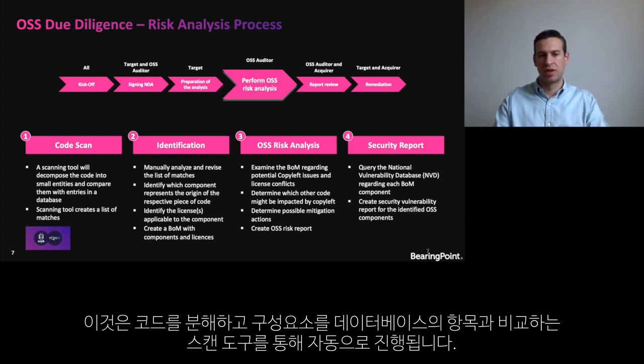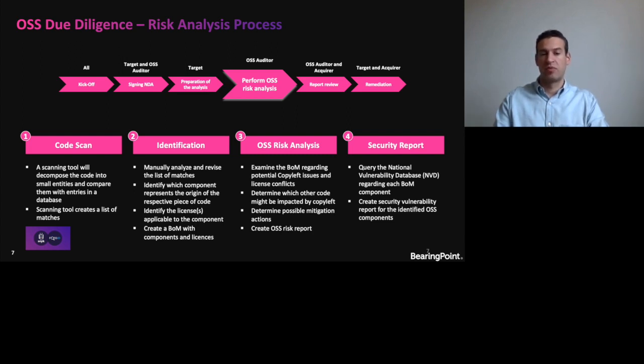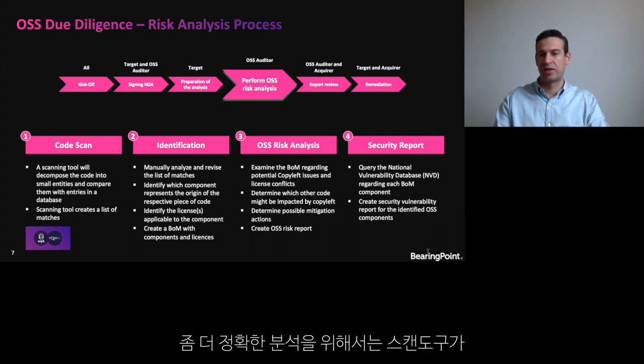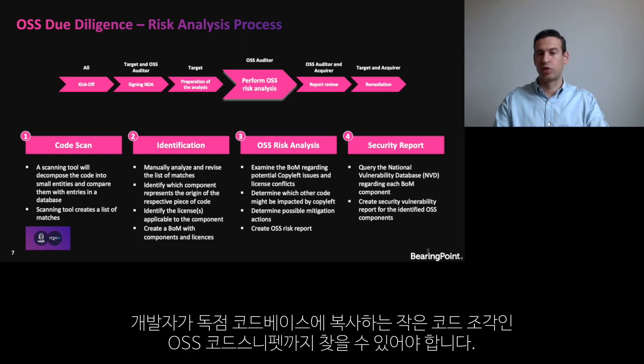The scanning tool decomposes the code and compares the entities with entries in the database. For an accurate analysis, it's important that the tool is able to detect OSS code snippets. These are small pieces of code which are copied by the developers into the proprietary code base.